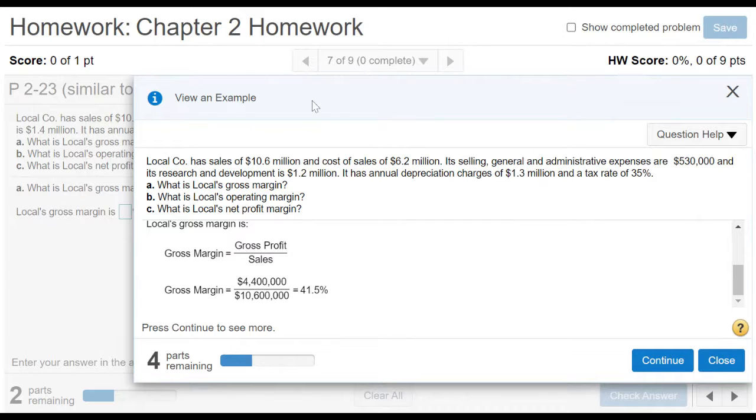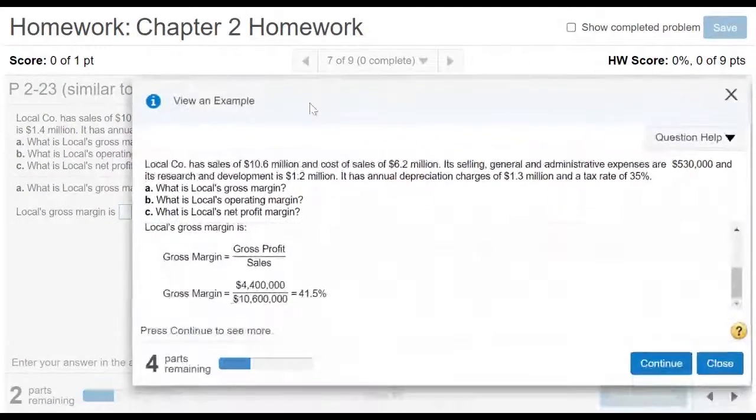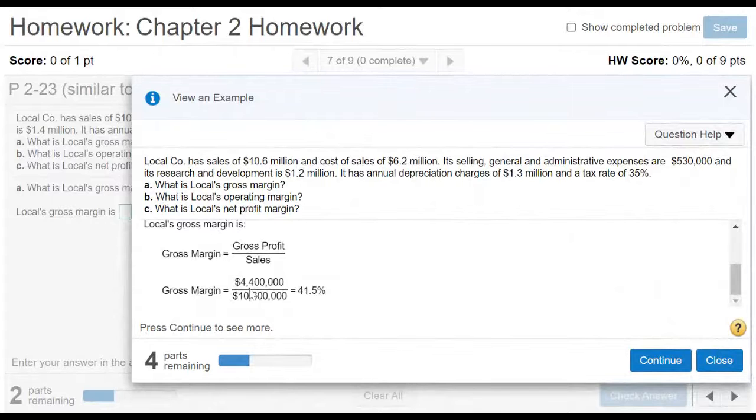The second part is saying what's your operating margin, right? So you're going to say 4.4 minus 530,000 minus 1.2 million minus 1.3 million, right? So it's going to look something like this. And then divided by 10.6. You always divide it by the sales, right?